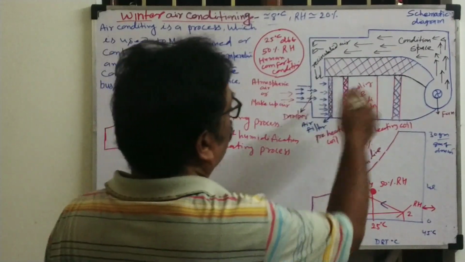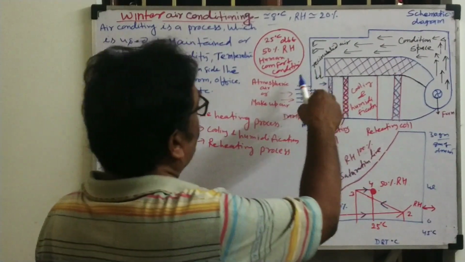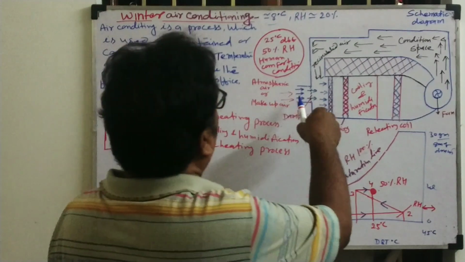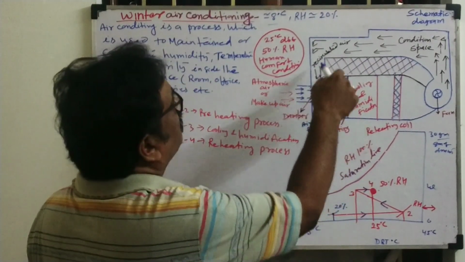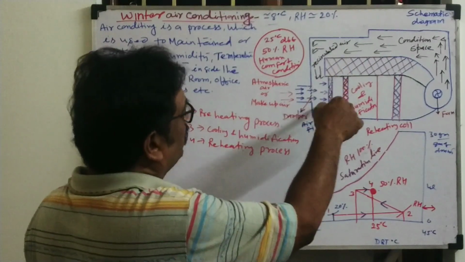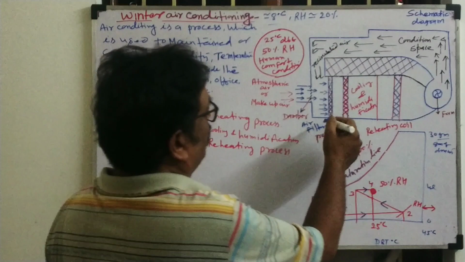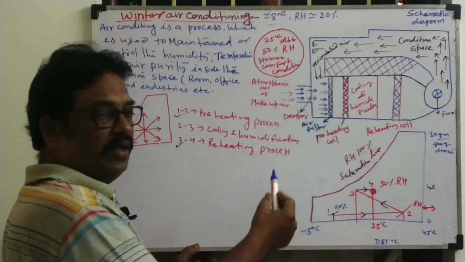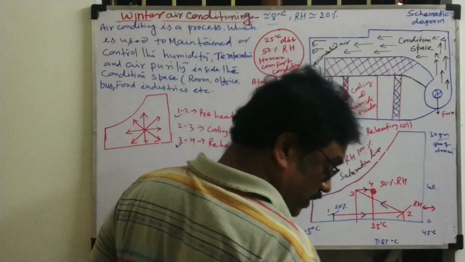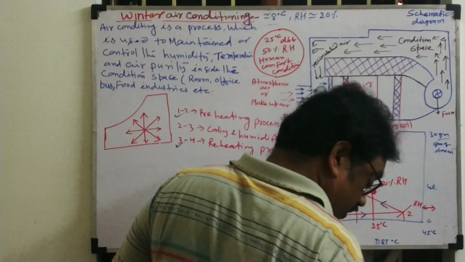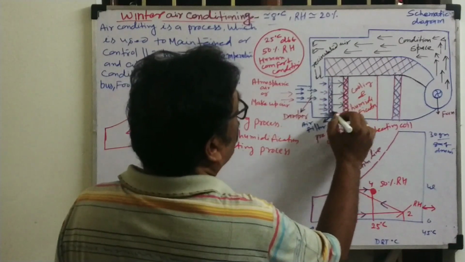Now how will we write this process? The atmosphere or makeup air enters the air conditioning system, recirculating air is mixed with this air, and it passes through the air filter. The air filter filters the dust particles from the air and it passes through the preheating coil.